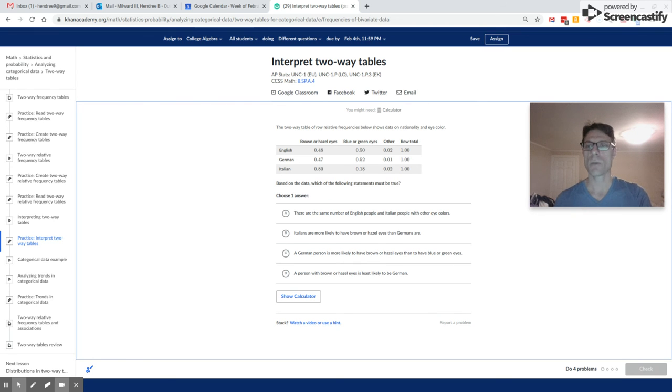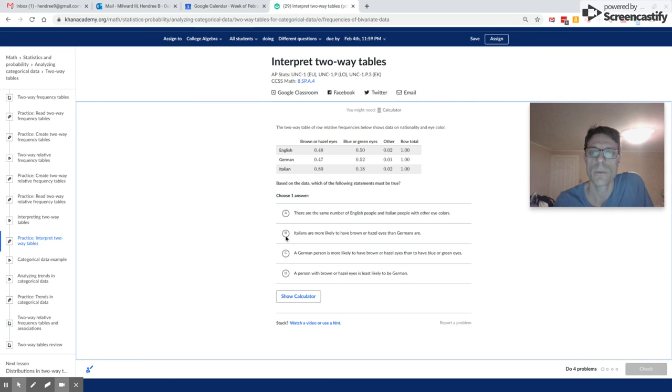Maybe 50% of the people in Guam have blue eyes, and maybe only 2% of the people in China have blue eyes, but there are probably more blue-eyed people in China than in Guam, just because China's so huge. 2% of China is more people than 50% of Guam. So this is one of those where we don't know either.